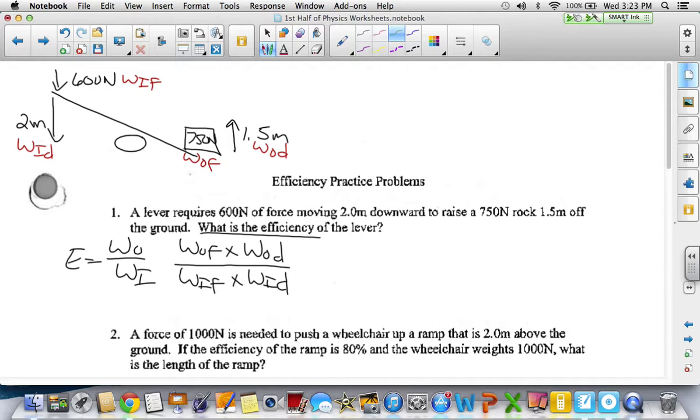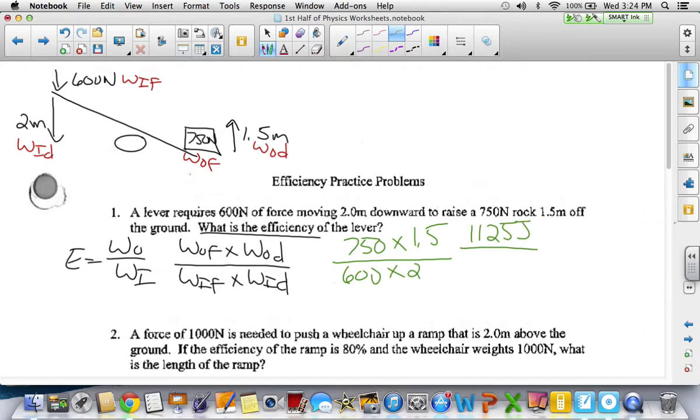The work output force, 750, times the work output distance of 1.5, divided by the input force, which is 600, times the input distance, which is 2. Now we're going to need your calculator out. 750 times 1.5 equals 1125 joules, because again, it still is work.